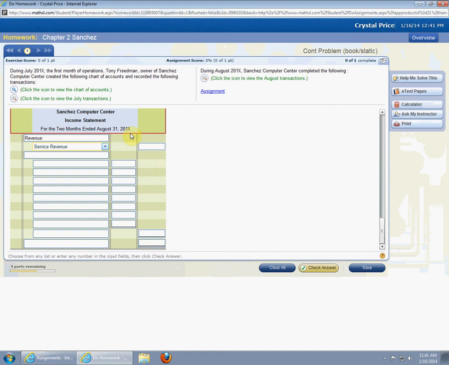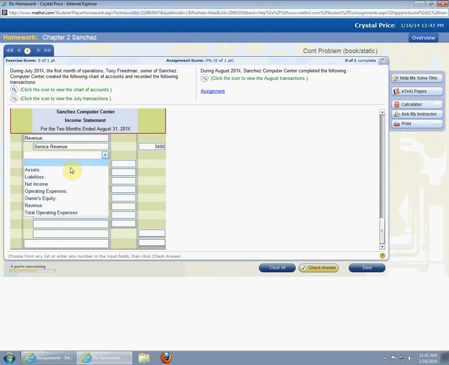Now, we have 2 columns here. The extreme right-hand column of a statement will be for totals. Anything to the left is what we call working columns. Since we only have one revenue account, we're going to put the total out here on the right-hand side in the total column. So it's $3,400.